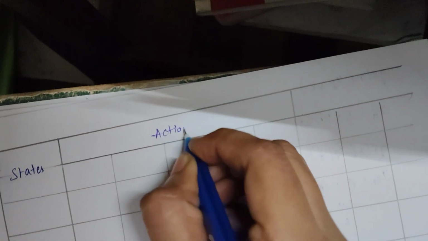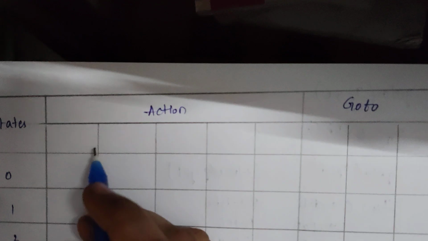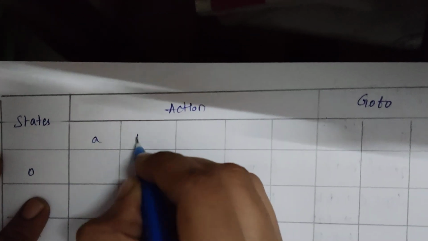So here we need to write the states. Here action. Here go to. States we have total 11 from 0, 1, 2, 3, 4, 5, 6, 7, 8, 9, 10, 11. In actions, all the terminals, means small symbols and any special characters.